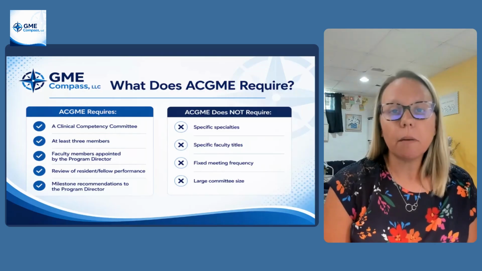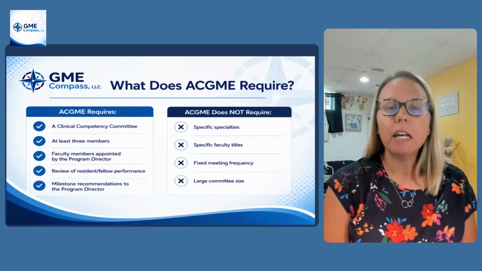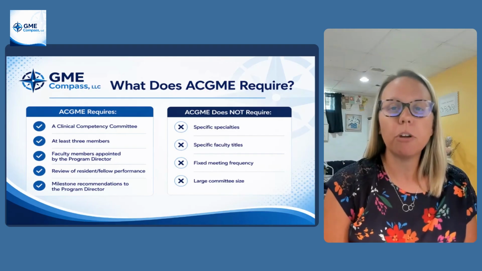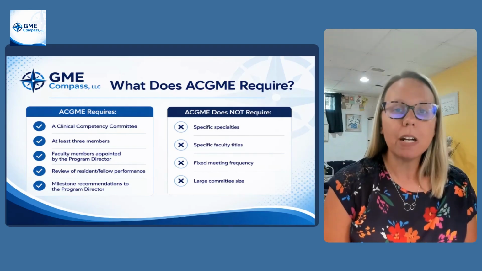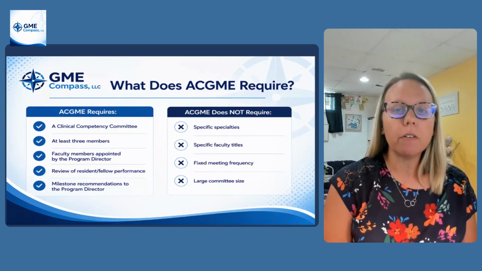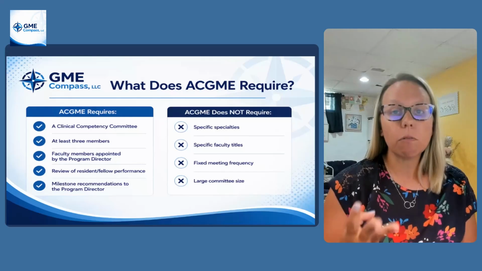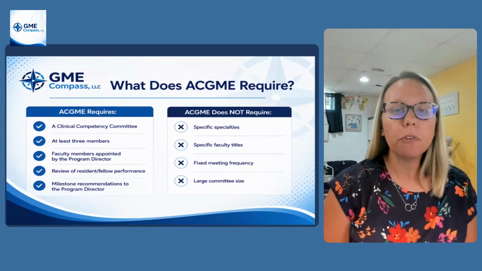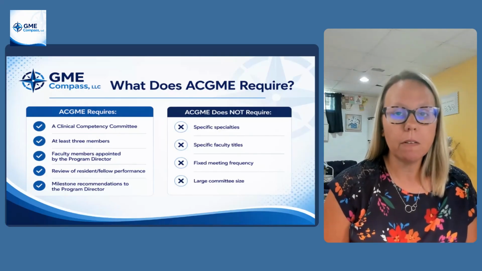The quality of your CCC decisions will only ever be as strong as the people and the processes that are behind them. A misconception surrounding the CCC is that ACGME provides detailed instructions regarding membership and meeting schedules. The truth of it is, the requirements are actually fairly broad. ACGME requires a CCC, at least 3 committee members, faculty appointed by the program director, review of resident or fellow performance, and recommendations regarding milestones.